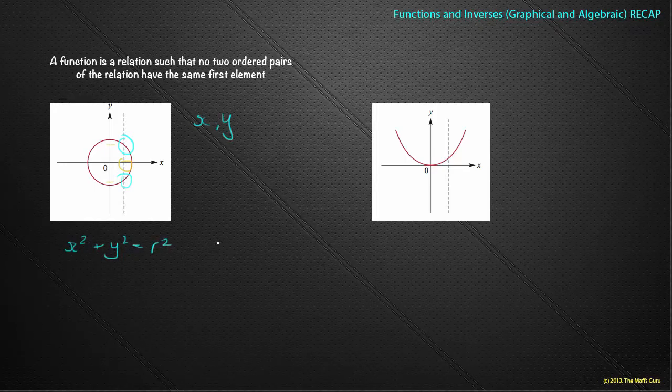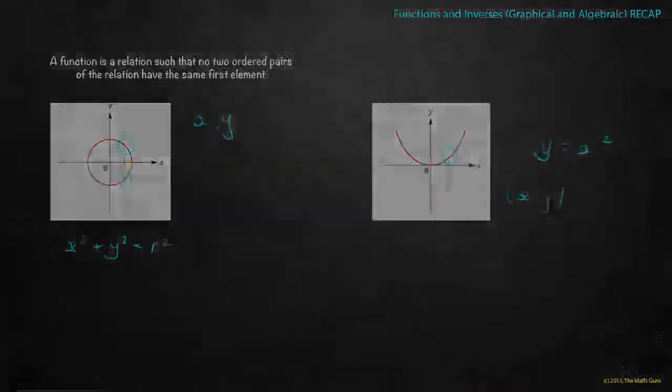So circles don't fit. However, this, which probably would be some form of y equals x squared, is a function. Why? Because again, if we draw a vertical line through it, it only crosses at one point, and as such, when there is one x value, there is only one y value. So that's the definition of a function.